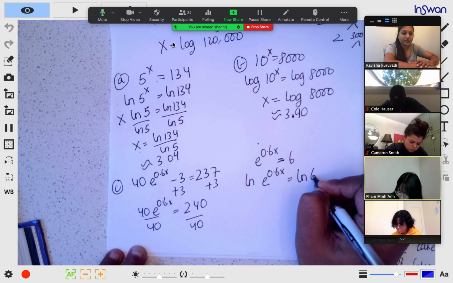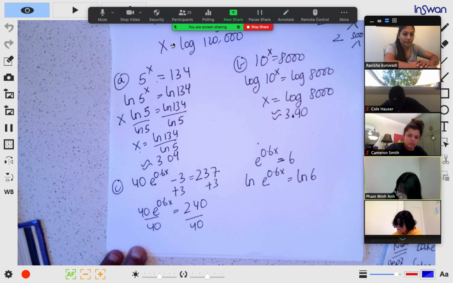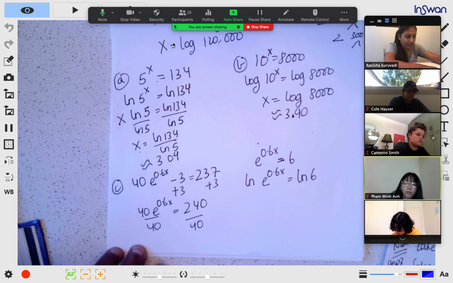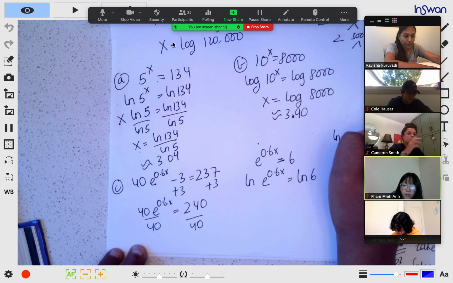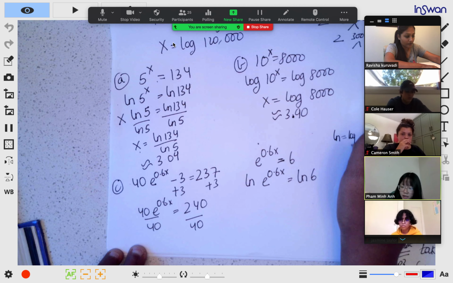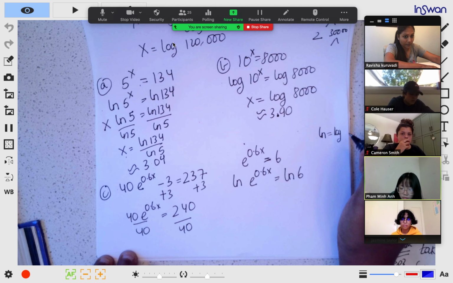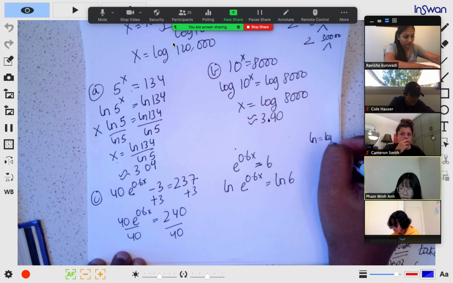And how do you solve this? You divide it by e to the power of 0.6x. No, Minhan. Can you tell me what ln is? Log base what? Log base 10.